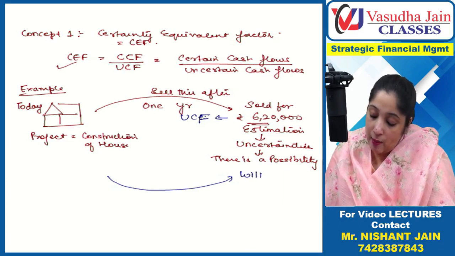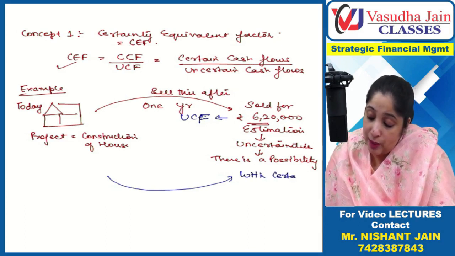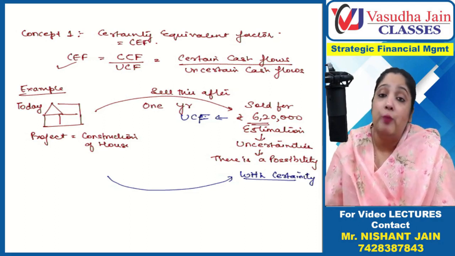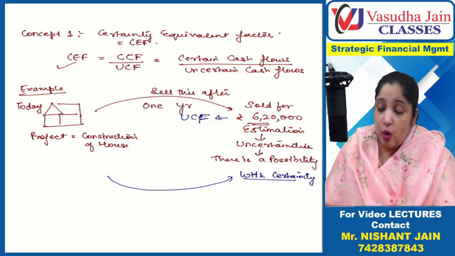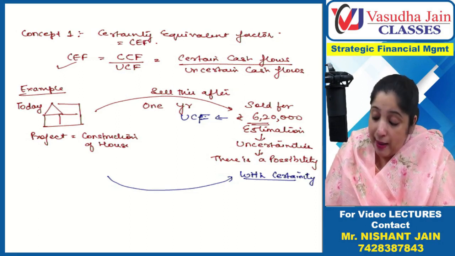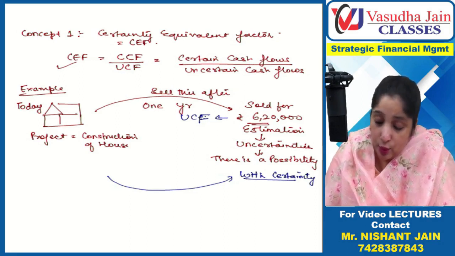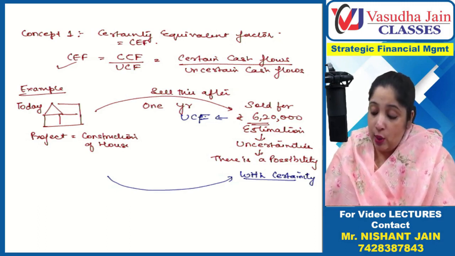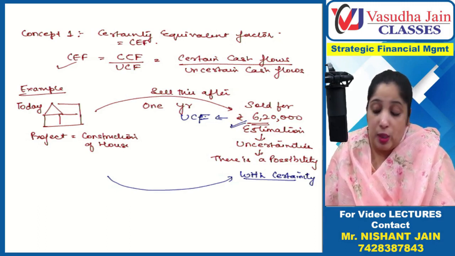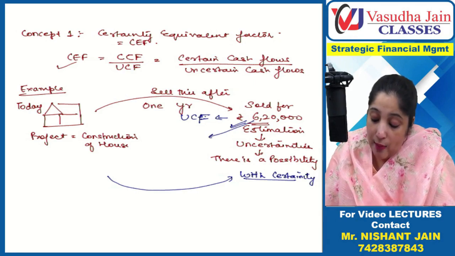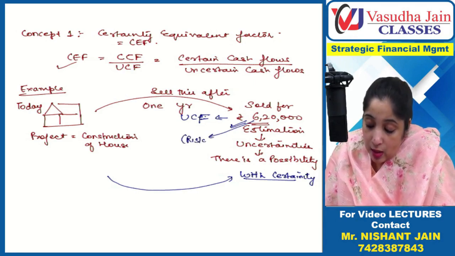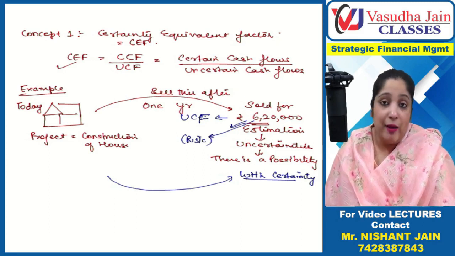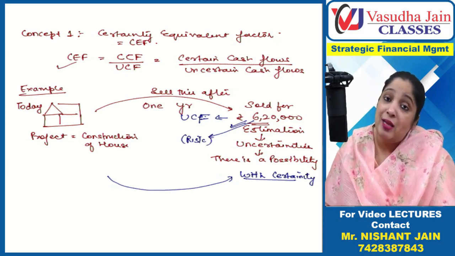Now since I am asking him to purchase my house with certainty, that is, he is for sure going to buy my house. Now since you are going to remove the element of risk from this story, you want to become certain. So definitely you will not get 6,20,000 rupees, because the 6,20,000 rupees amount involves risk. I am asking my friend, will you purchase my house with certainty?